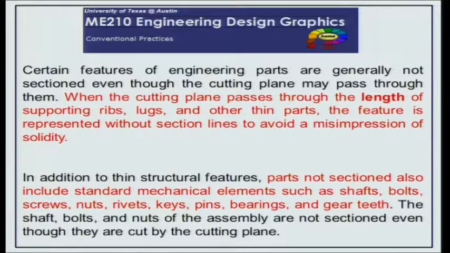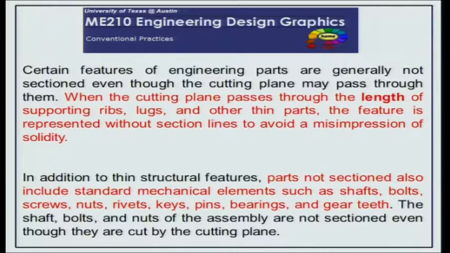In addition to thin structural features, parts not sectioned also include standard mechanical elements such as shafts, bolts, screws, nuts, rivets, keys, pins, bearings, and gear teeth. The shaft, bolts, and nuts of the assembly are not sectioned, even though they are cut by the cutting plane.